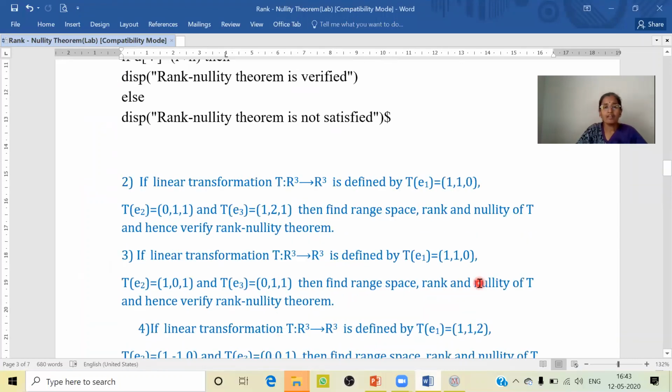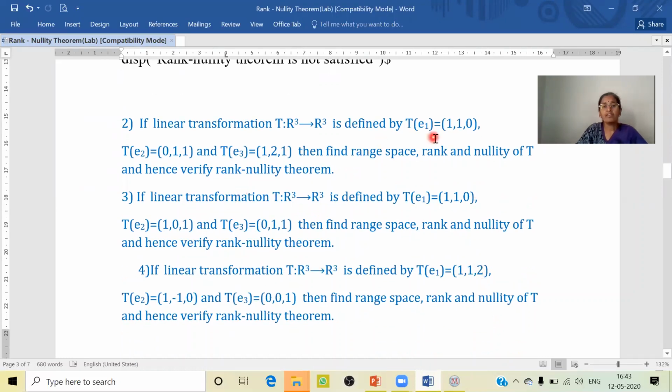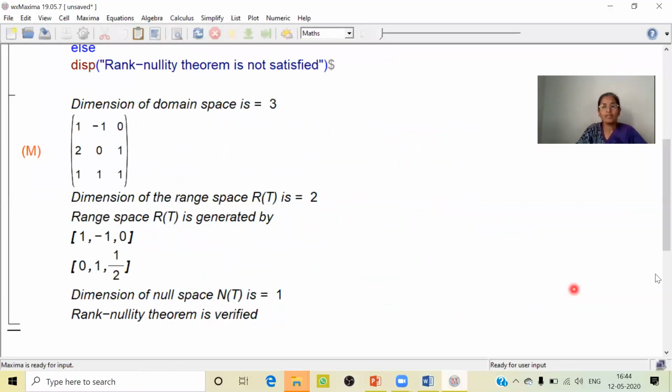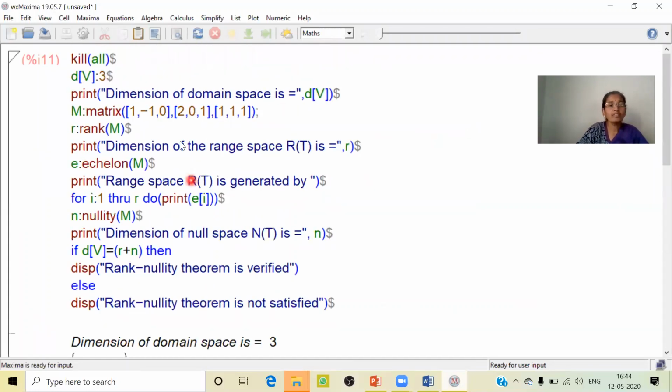Here there are some more examples wherein the images of the standard basis are given. So just change the matrix in the Maxima code and obtain the result. Let us see one by changing it. In the second problem, we are given the 3 images to be 1, 1, 0.